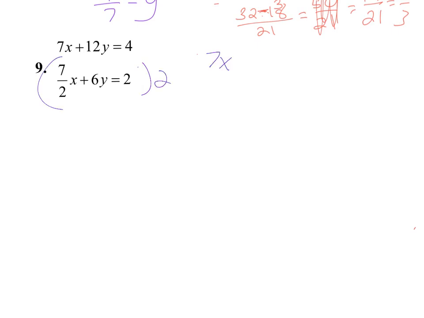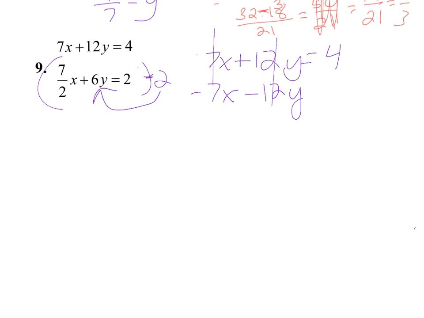So I have 7x plus 12y equals 4. I notice when I multiply the 2 times the 6, I'm going to get 12. So I'm going to do a negative 2, okay? Negative 2. So in this case, negative 2 would give me a negative 7x, minus 12y, these are all going to disappear, equals negative 4.